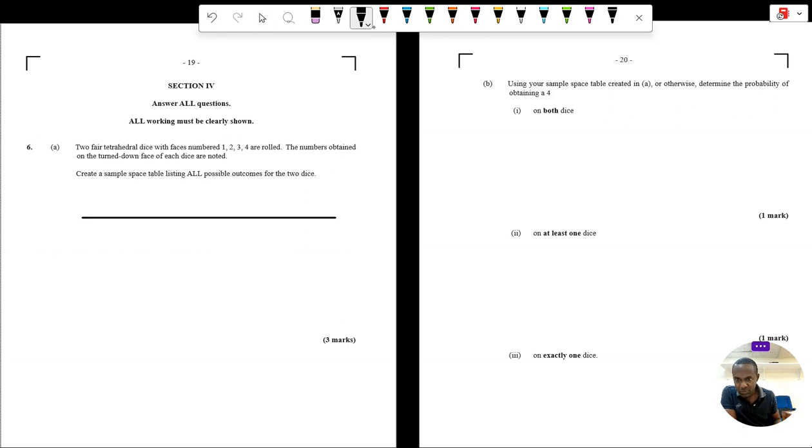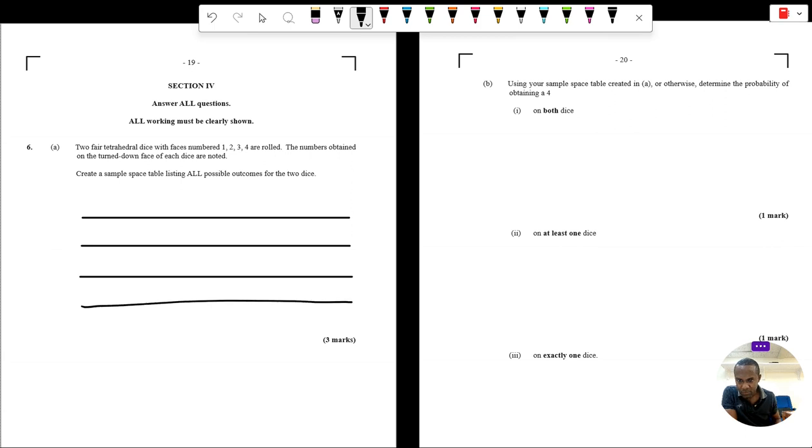So we have two dice. So one die, two dice. So let's see how many rows are we going to need here.